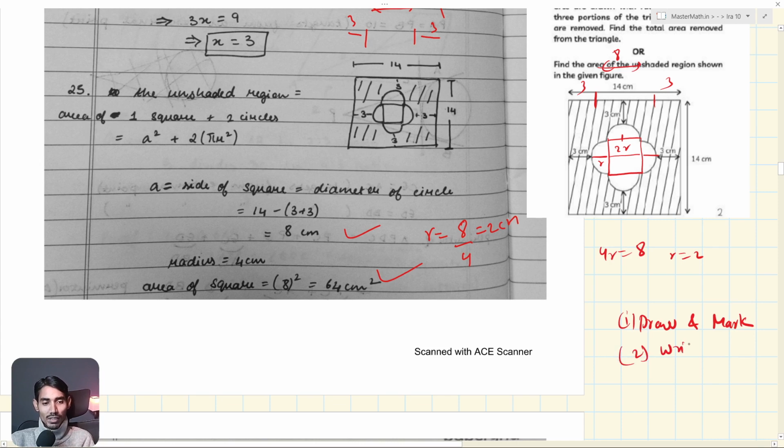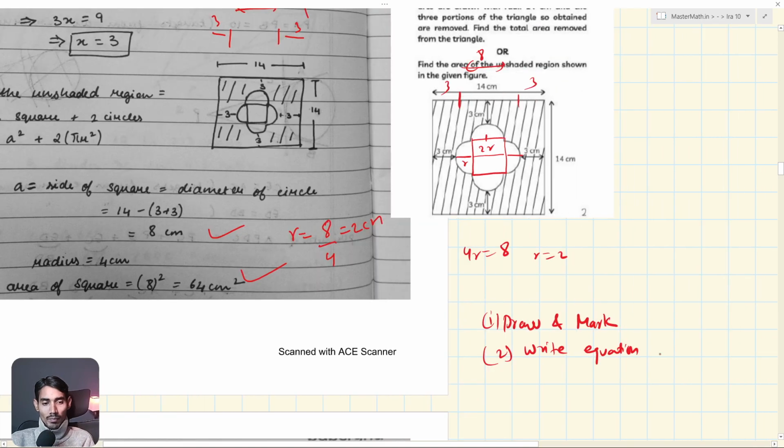Write in words. Write the equation in words. What do I mean by that? CSA of hemisphere plus CSA of cone is this. Total area is this. Or you can mark part 1, part 2, area 1, area 2 like that also.